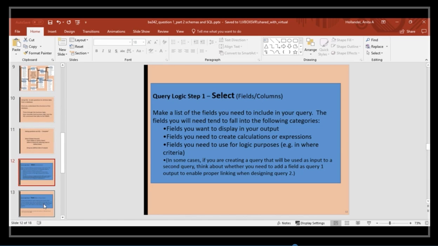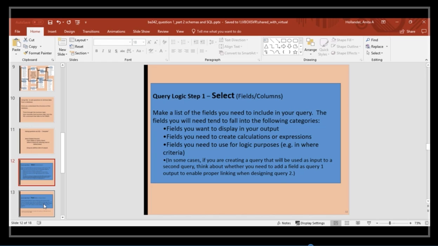So step 1 will be our select. And again, I'm going to figure out what fields I need. And the fields you're going to need are going to be anything you want to display in your output. You also might need to go grab some fields if you're going to do some calculations or some expressions or computations. And you may need some fields that you're going to use in your logic.